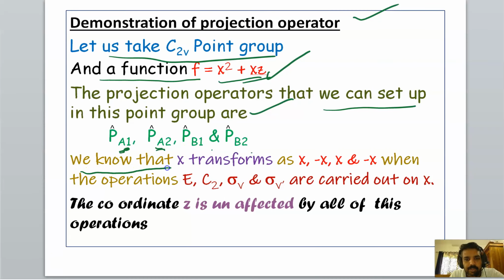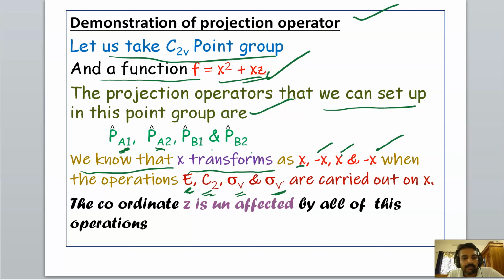We know that x transforms as x by operation E, by C2 operation x becomes minus x, on sigma V x becomes x itself, and on sigma V dash, that is sigma V dash YZ, x becomes minus x.